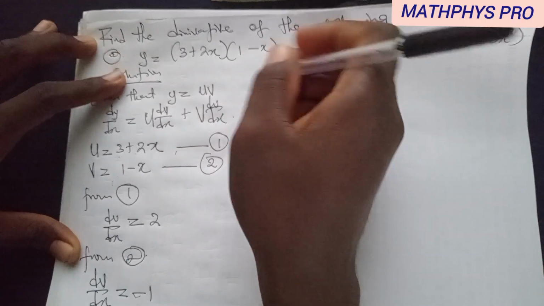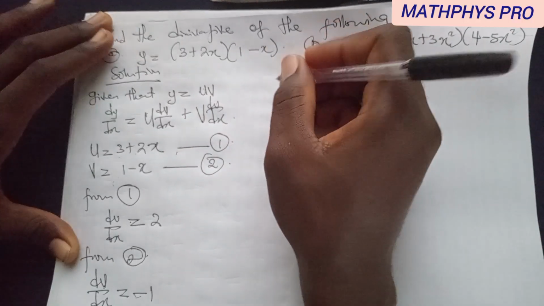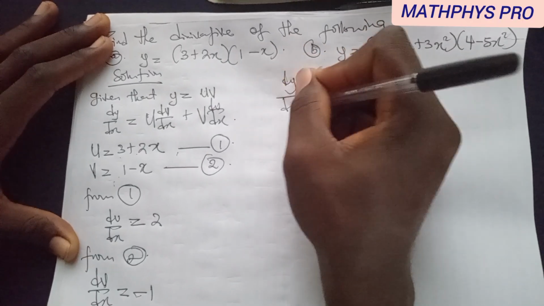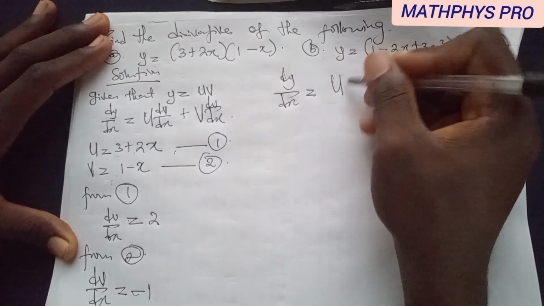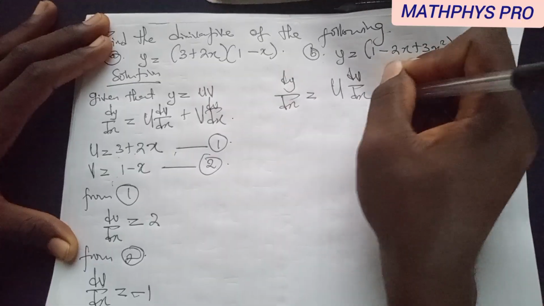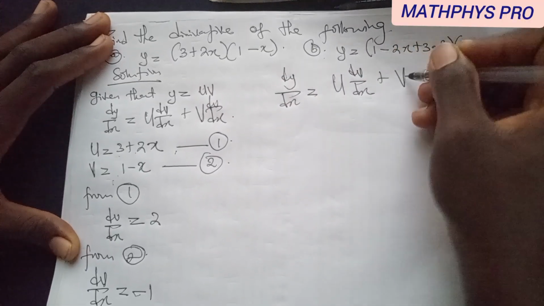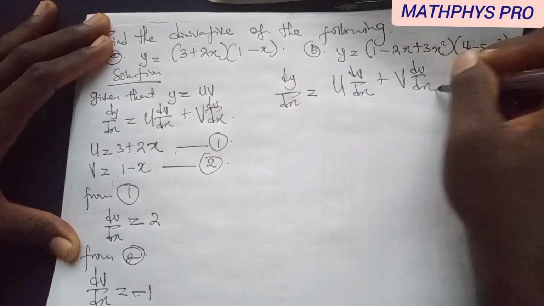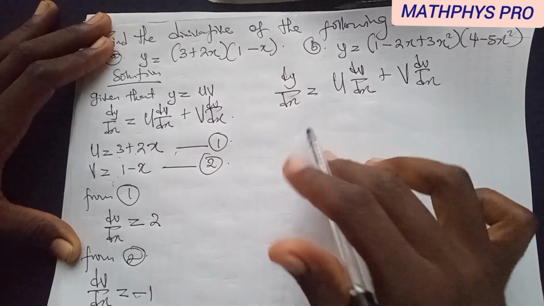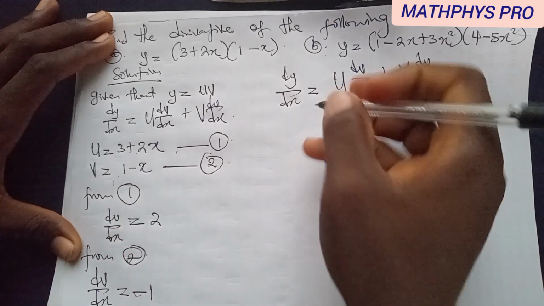So now we can say that dy dx will be equal to u dv dx plus v du dx. Now what is u? u is 3 plus 2x.